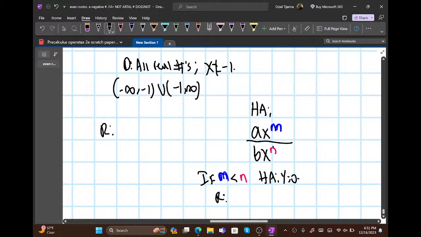So the range would be from negative infinity to 0, union 0 to infinity. That's all I was going to say.